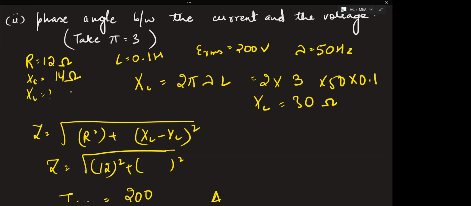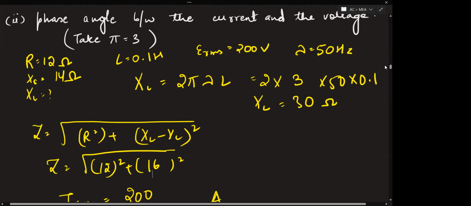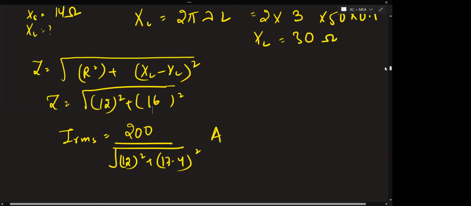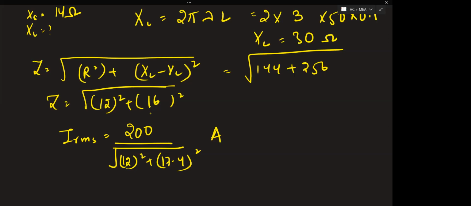So now you subtract 30 and 14, you get 16 whole square. Now this is better. So under root, 16 into 16 is 256. So you have under root 144 plus 256. If you add 256 and 144, you will have 400. So that will give you 20 ohms.